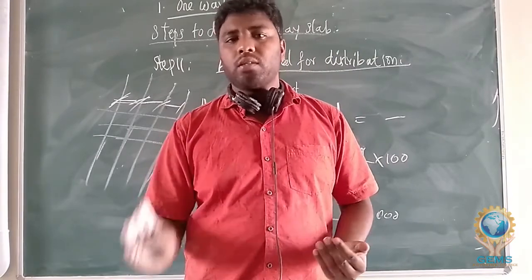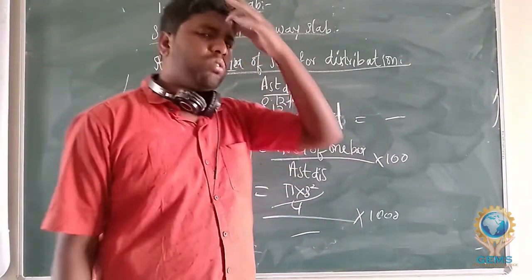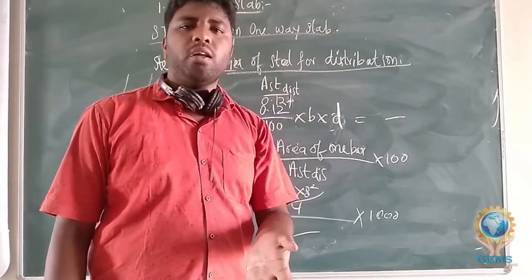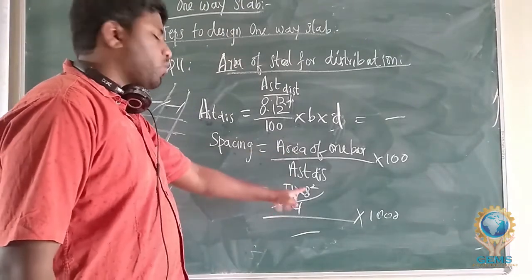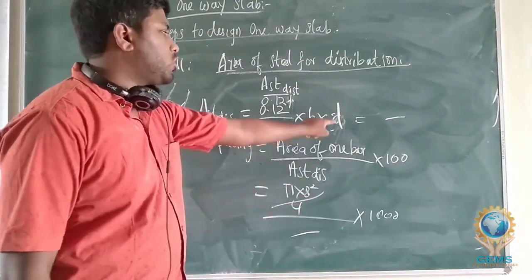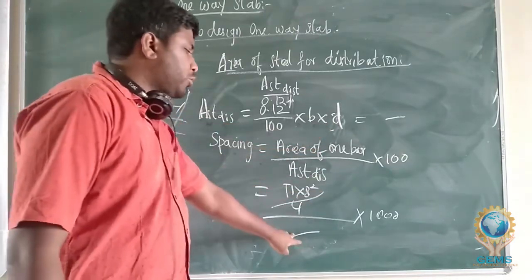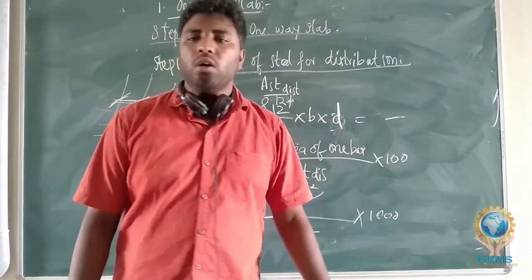There are 8 mm bars available currently. So you can use 8 mm bars, or you can use the same bars according to your design, as you are the engineer. If you take an 8 mm bar, the area is pi into d square by 4. Substitute the area of distribution that you have calculated here, get the value, so that you will find the spacing.